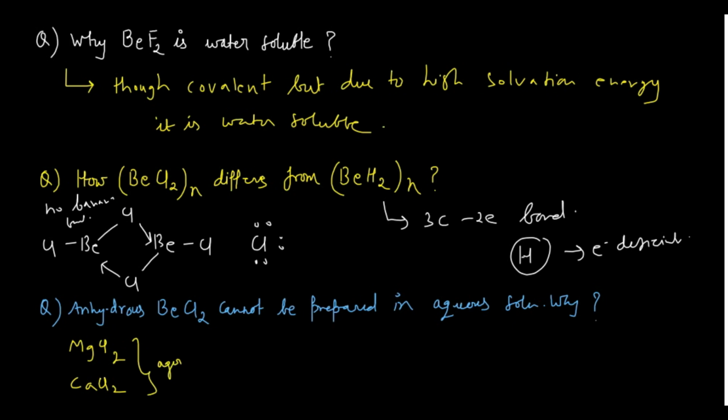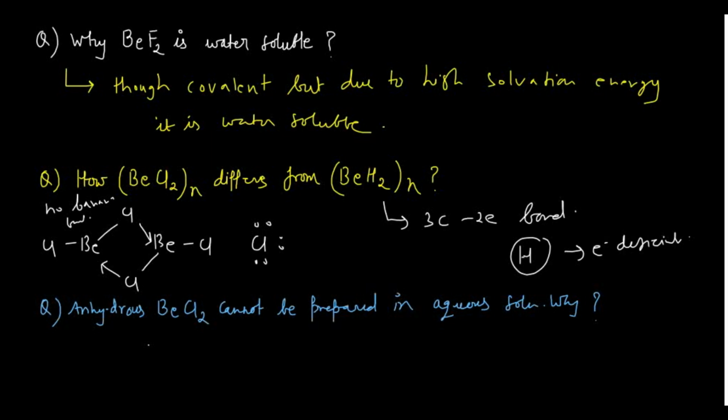In the aqueous solution, you can easily form them. But if you form beryllium chloride in the water, then it is not possible. And why is it not possible? I already told you. It actually takes up water to form a complex ion. That's why it is not possible.